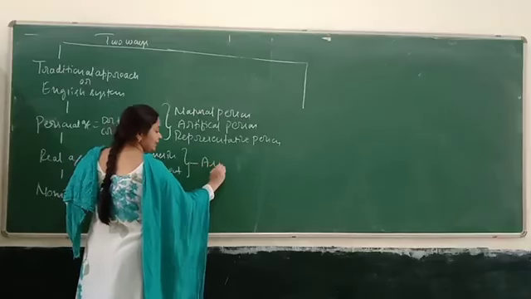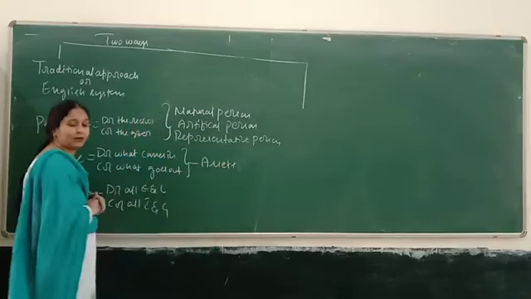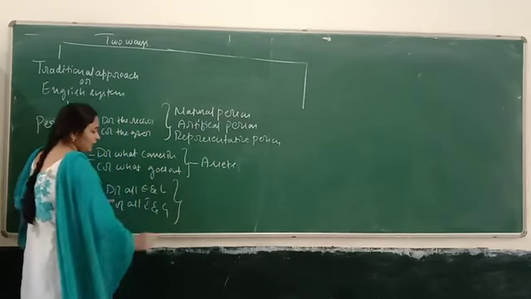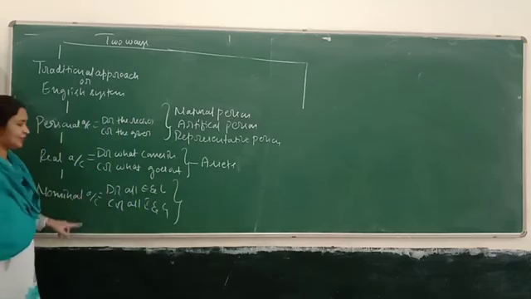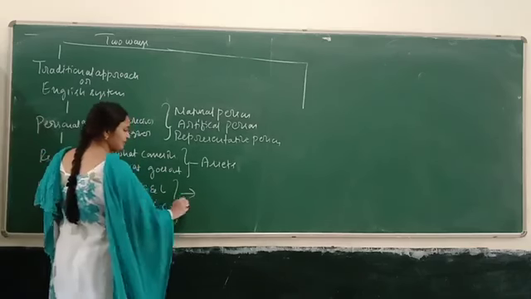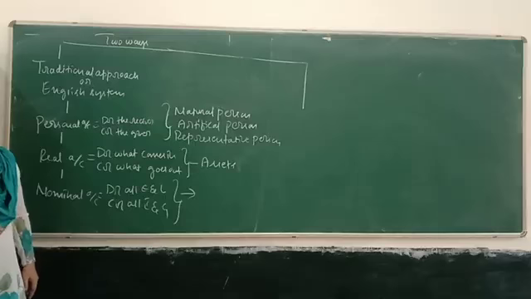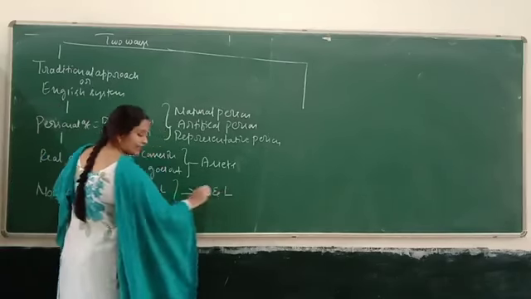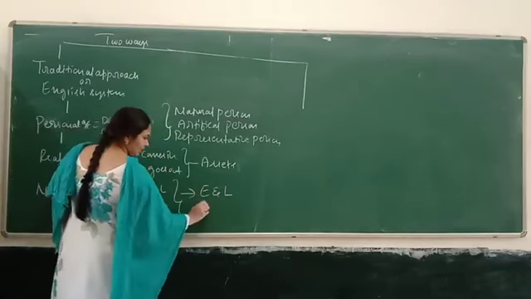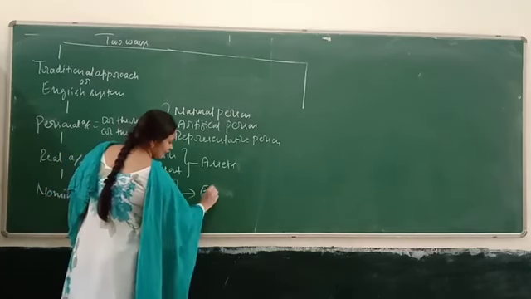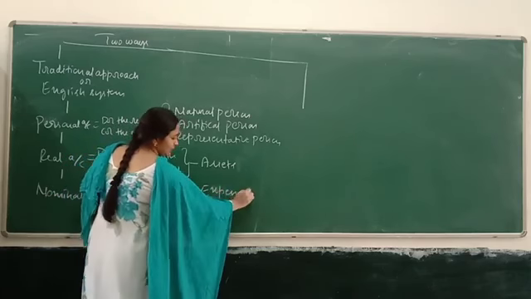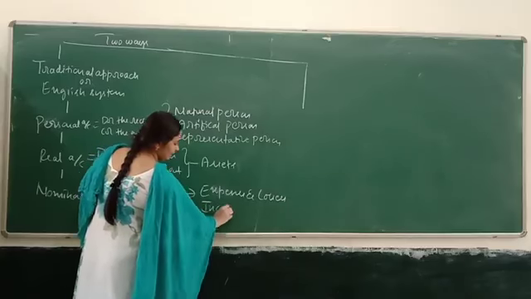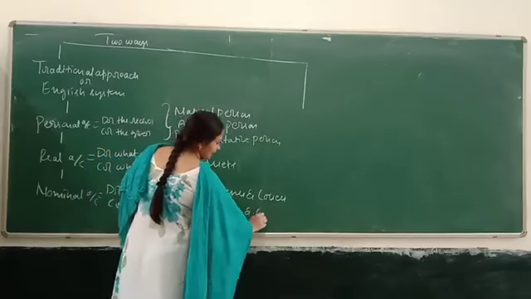If it is related to assets, meaning properties owned by the businessman. When do you follow the nominal account rule? If it is related to expenses and losses, and income side gains. E stands for expense, L for losses. Expense side losses, income side gains.